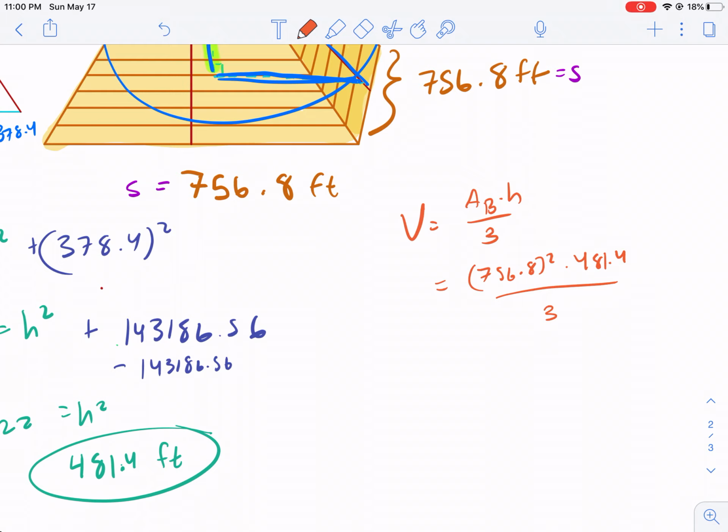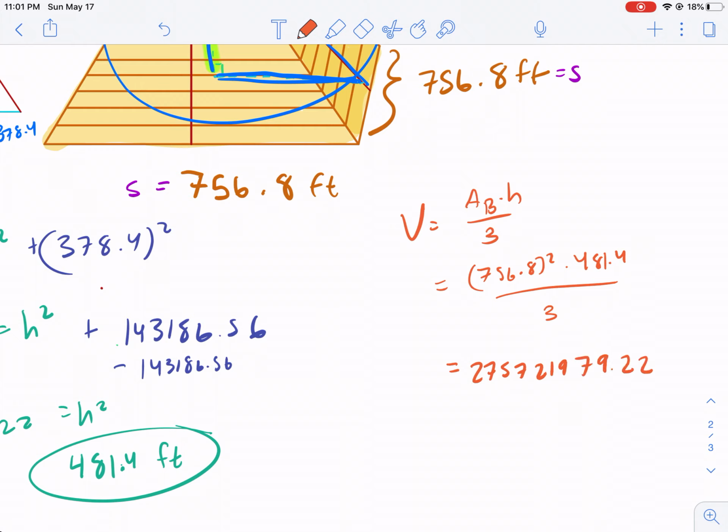So I'm going to go ahead and multiply this by 756.8 to the second power. And I get, this is a big pyramid we're talking about, 207, let's see, I don't know how many commas are in this yet, so I want to make an educated decision.